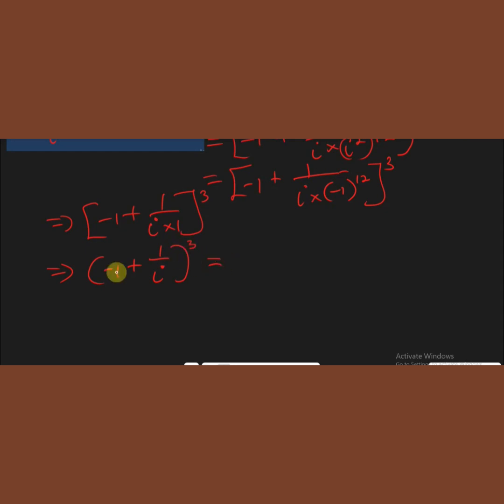To simplify this further, I'm going to rationalize the denominator i. The goal is just to eliminate i as the denominator. So I'm going to have minus 1 plus 1 over i. I'm going to multiply both the numerator and the denominator by i, sorry.